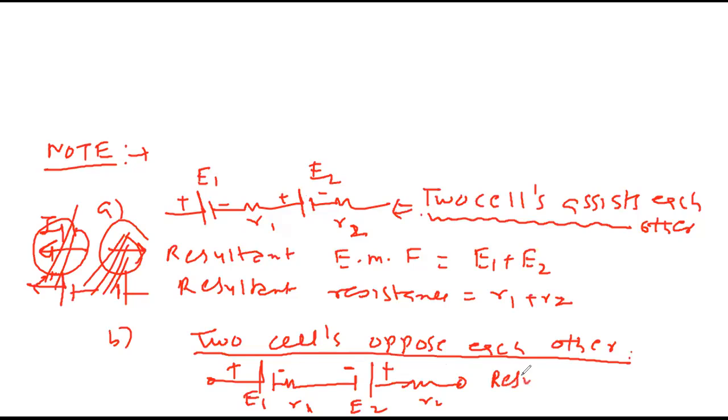Now tell me, what will be the resultant EMF? E1 minus E2 or E2 minus E1. Both possibilities are there, a difference. Here I have assumed that E1 is greater than E2. Mohit, can you tell what will be the resultant resistance?